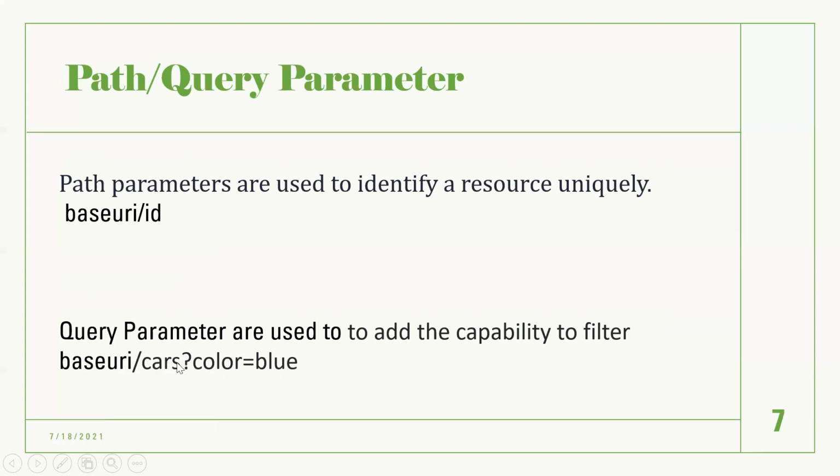This is your base URI, this is your resource, then a question mark, then key equals value. This is your query parameter. So the path parameter will come along with the base resource, it will just give an ID or an employee ID. In that way, a query parameter is a kind of filter.